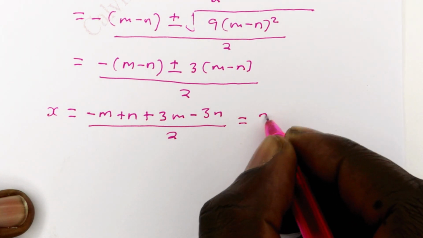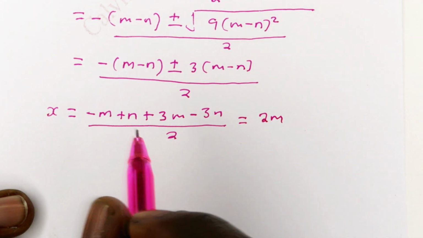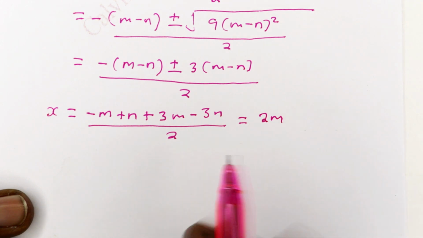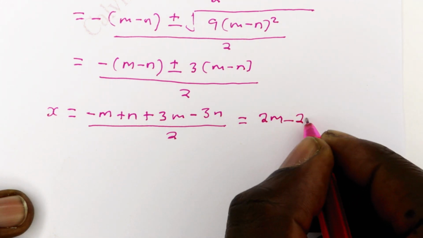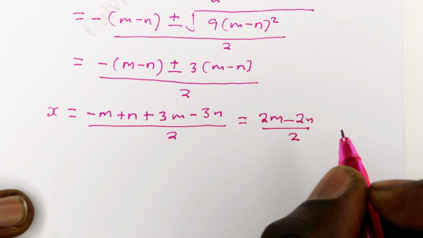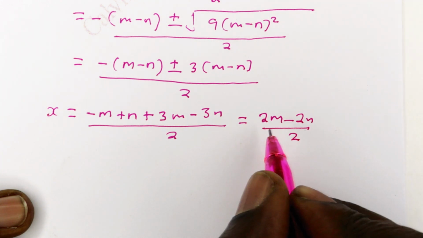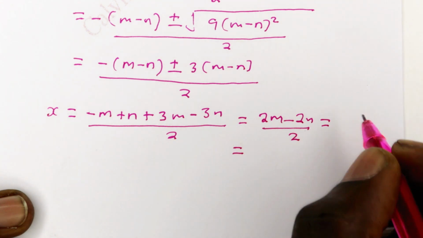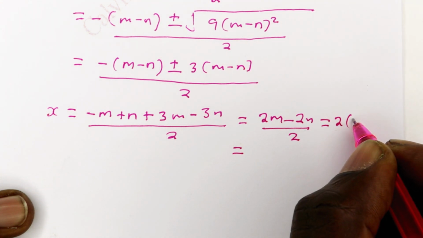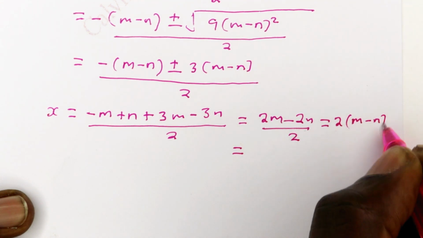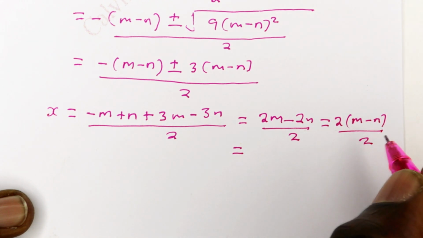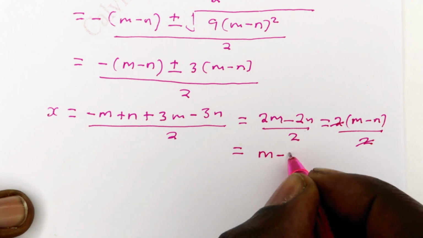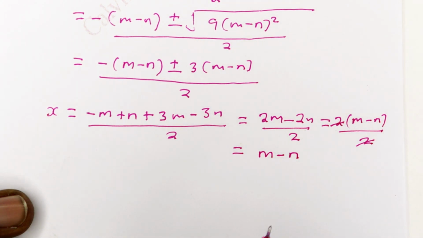Then we have plus n minus 3n, that is minus 2n, and that is over 2, which means that what we have here is the same as, we can factor out 2, so that you have 2 into (m minus n) over 2. So that 2 and 2 will cancel, so that you're left with m minus n as our first solution.